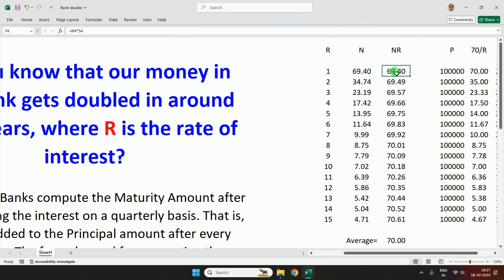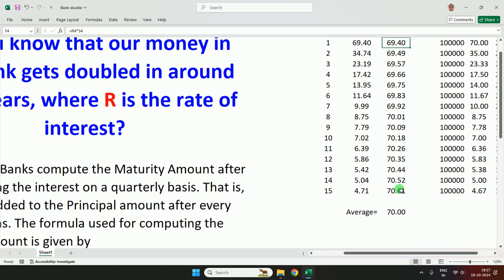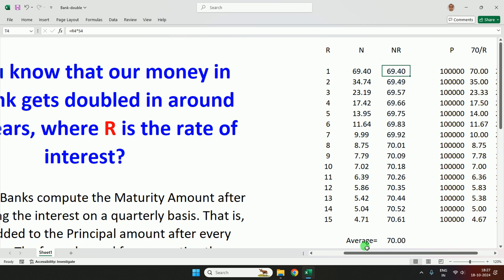This is just the product of these two, and it is starting with 69.4 up to, at 15%, 70.61, and all these 15 quantities have an average of about 70, and you see all these numbers are roughly equal to 70, very nearly equal to 70, and their average is also 70.